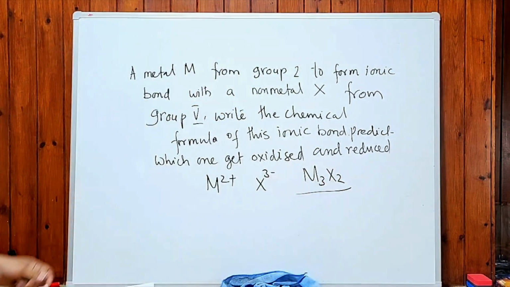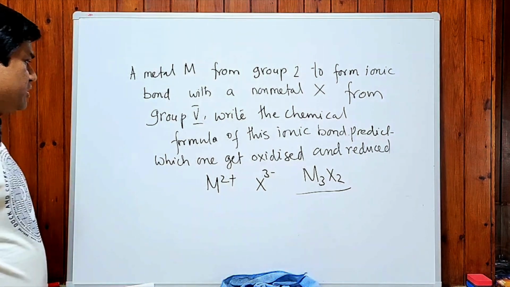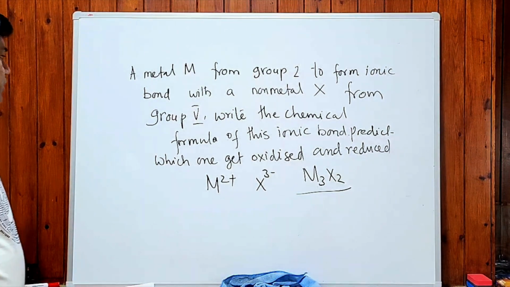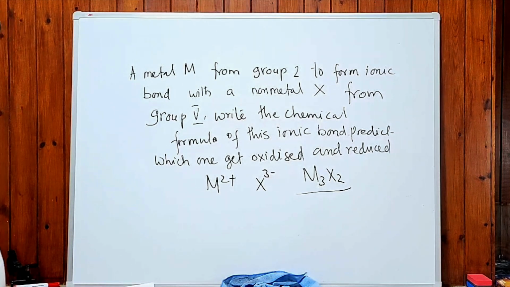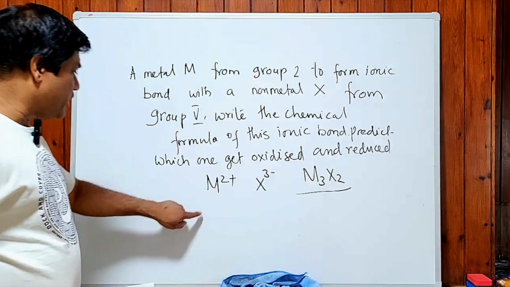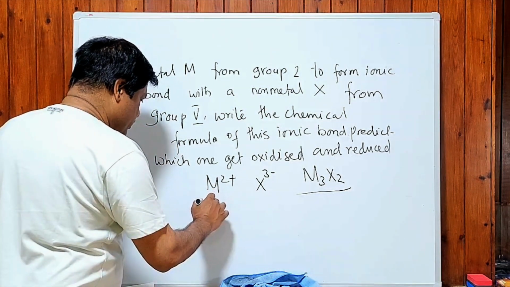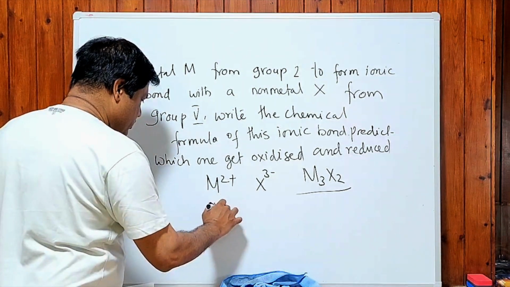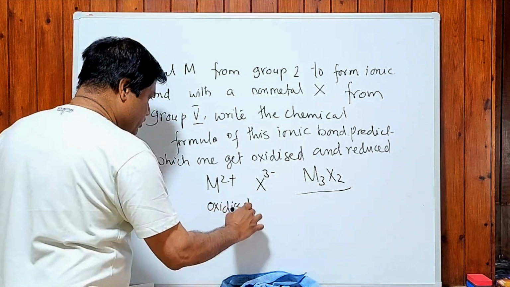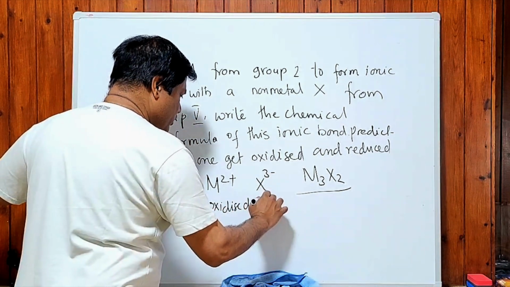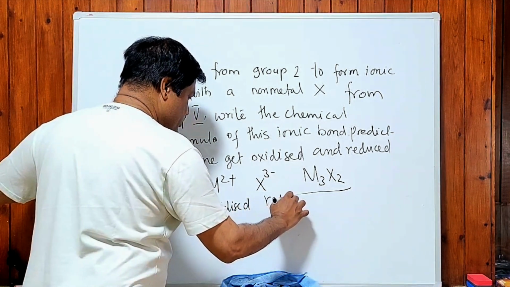You can take anything, magnesium nitride or calcium nitride. Which one gets oxidized? Always the metal gets oxidized. And which one gets reduced? The non-metal is reduced.